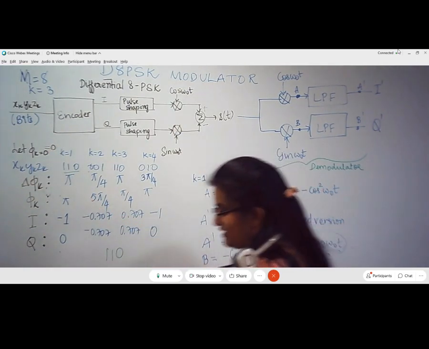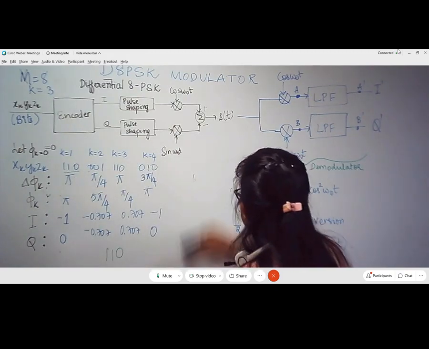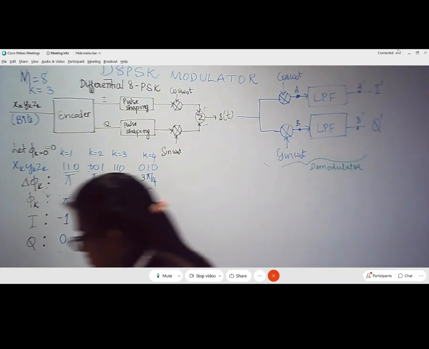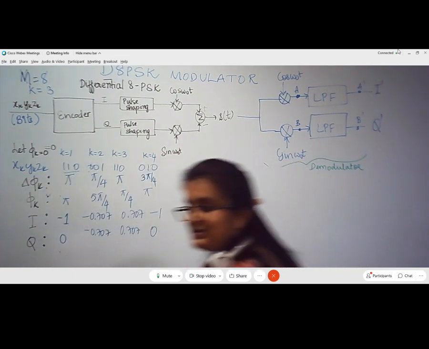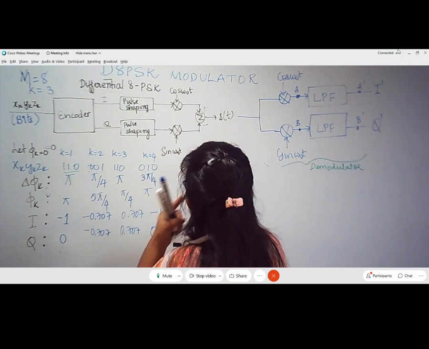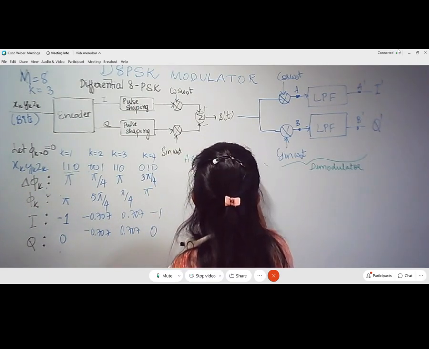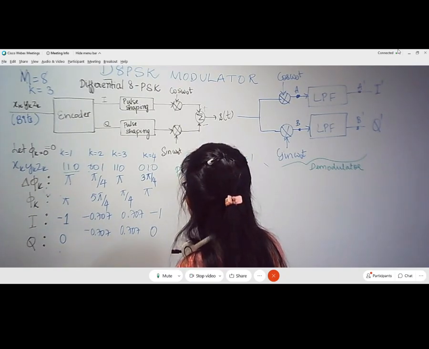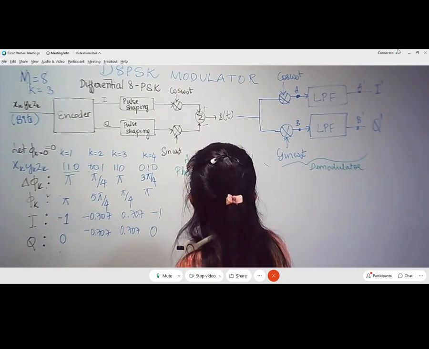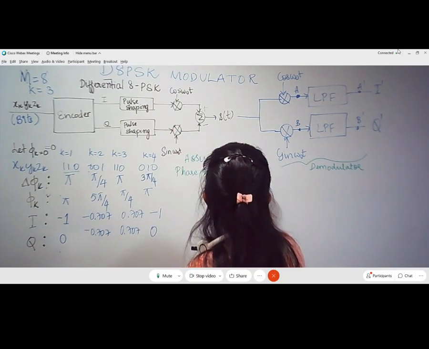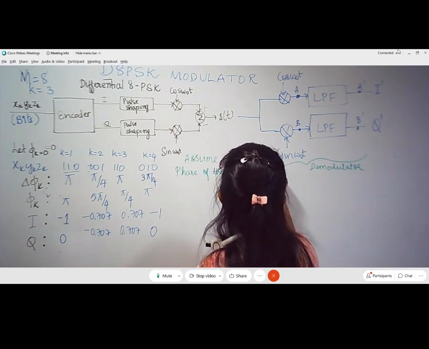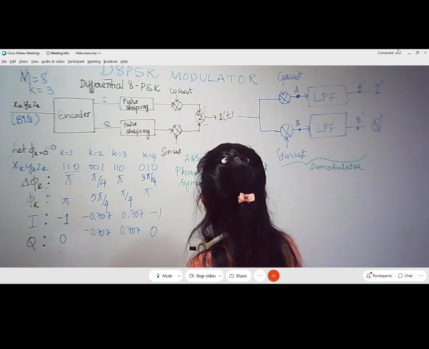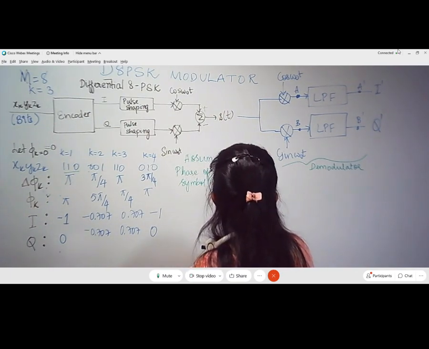Now, I will take another instance. I will take the k is equal to 2 case. Now, you see what happens. My assumption is that at k is equal to 1, the phase of the transmitted symbol is detected properly.